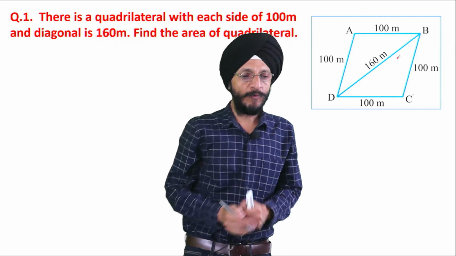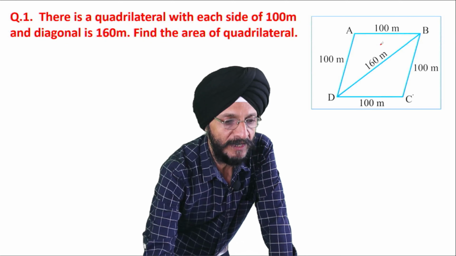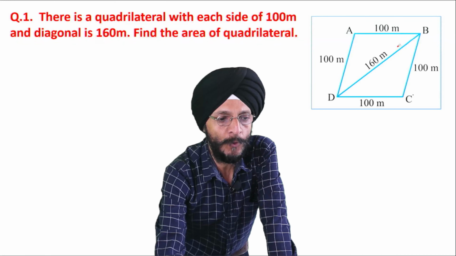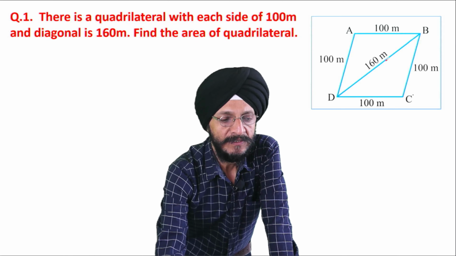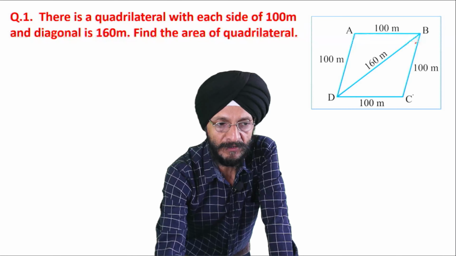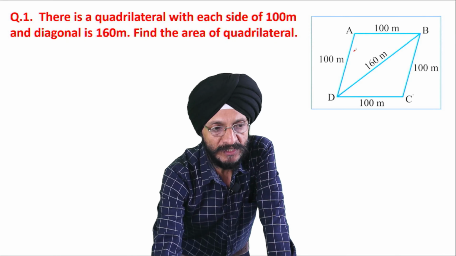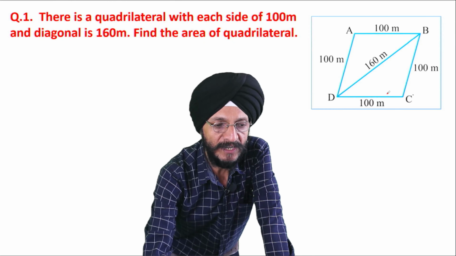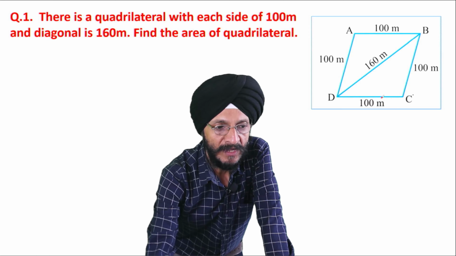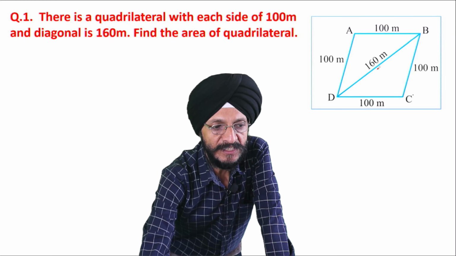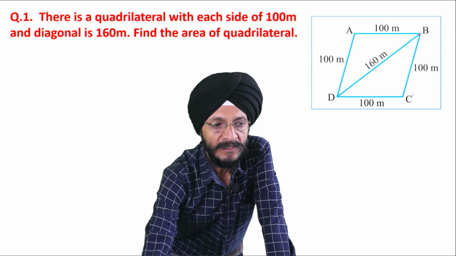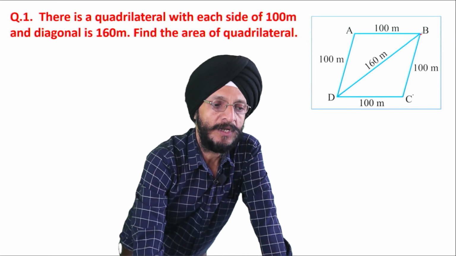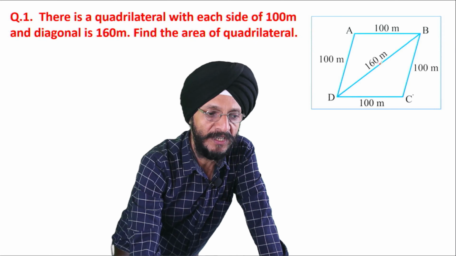So here we can see that the quadrilateral stands divided into two triangles with the help of the diagonal. Here you can see that all the sides of the quadrilateral are equal and the diagonal which is passing through the quadrilateral has also been given.